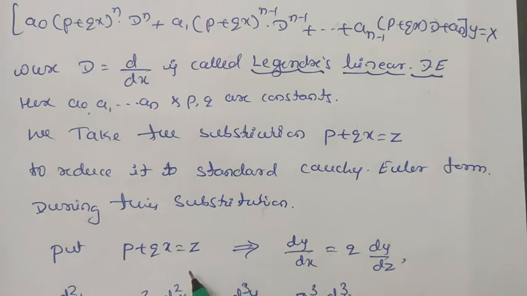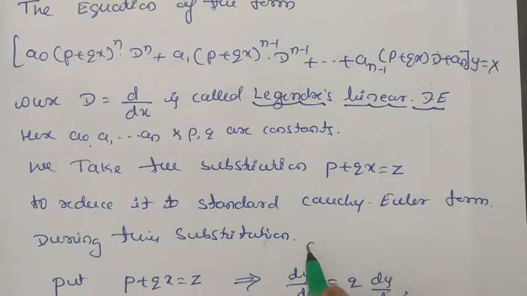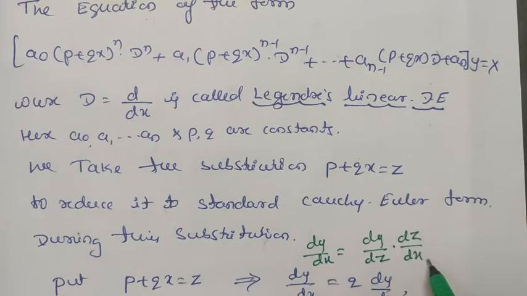With p plus qx equals z, differentiating with respect to x, the derivative of p is 0 and the derivative of qx is q, so q equals dz by dx. Now dy by dx can be taken as dy by dz into dz by dx.